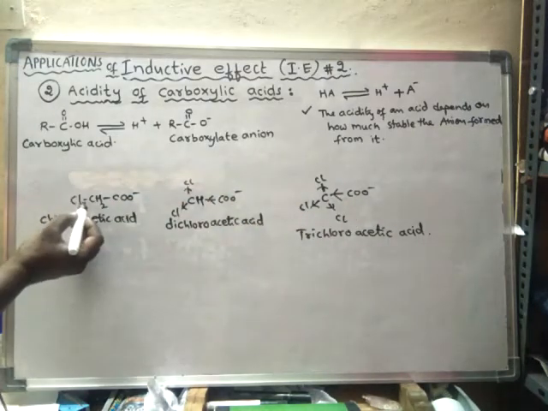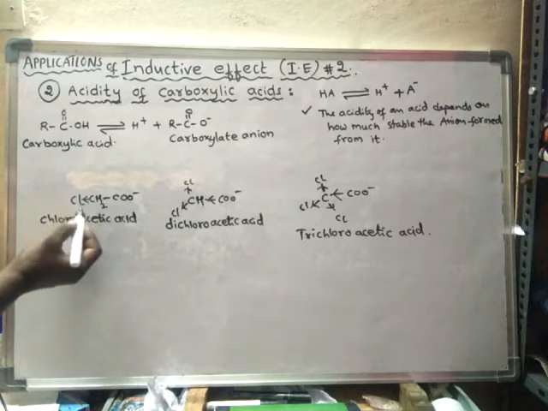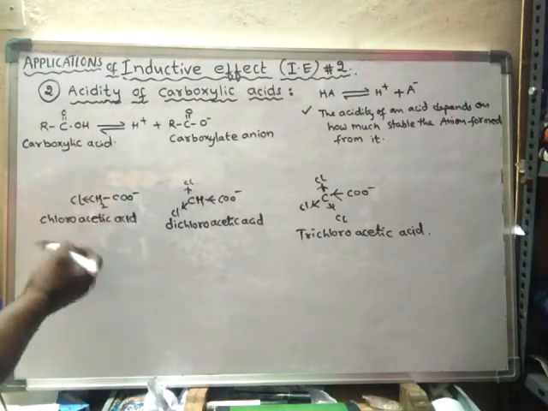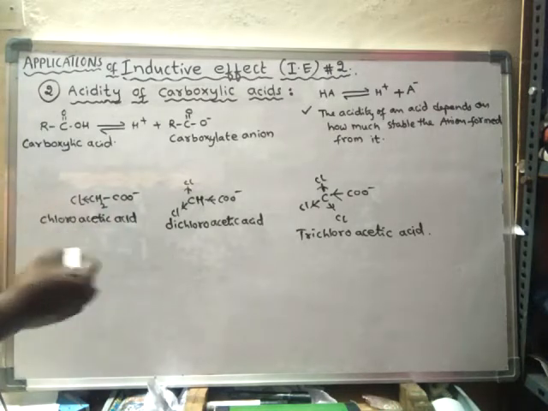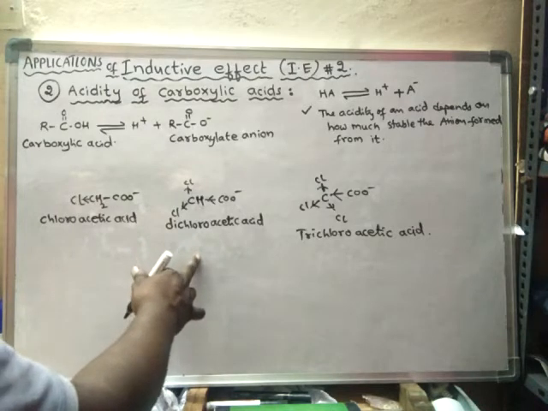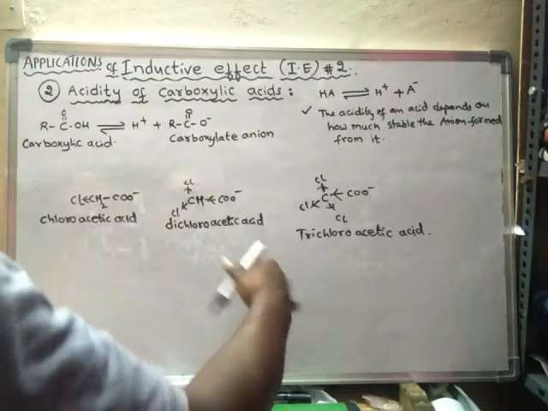And here only one chlorine is pulling the electron density. So compared to this one, here the minus IE groups are more, and here they are still more.